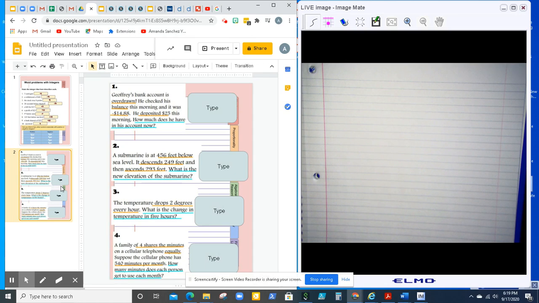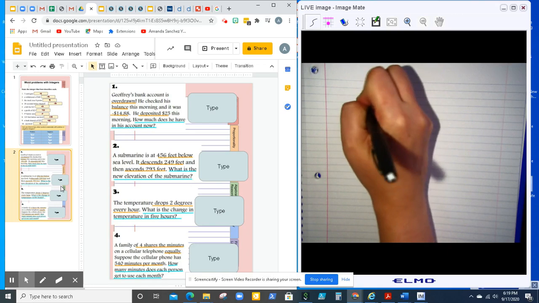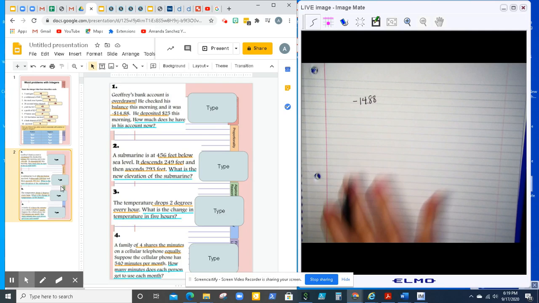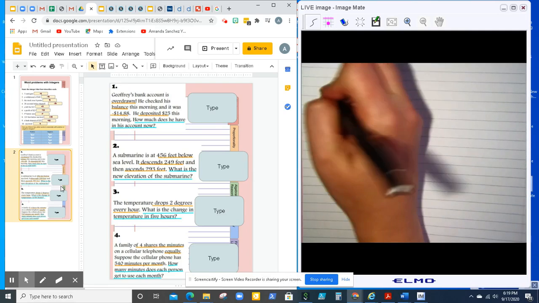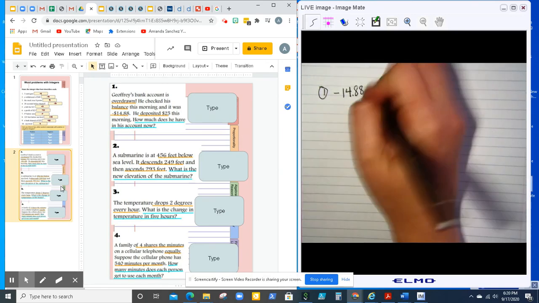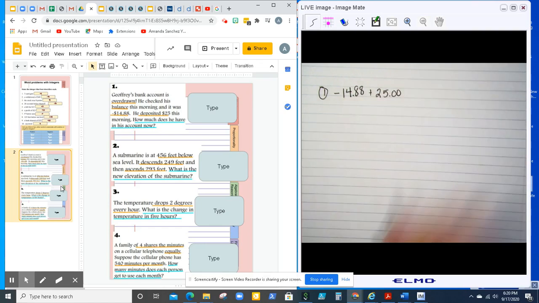So first off, he starts off in his account with this much. He deposits $25. That means we are going to add $25 to his account. How much does he have in his account now?